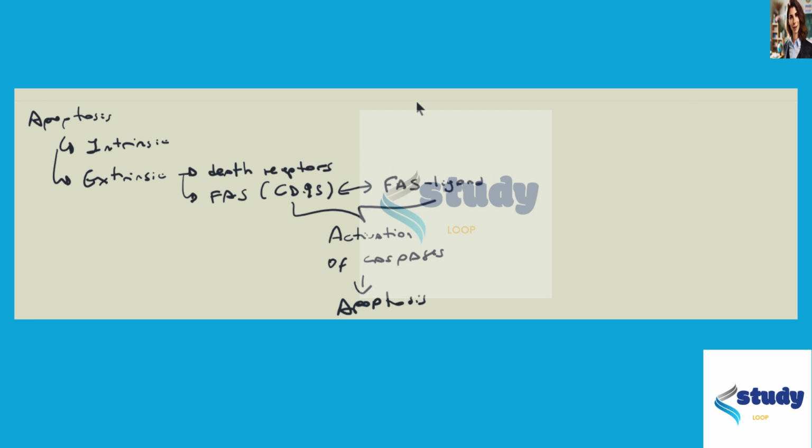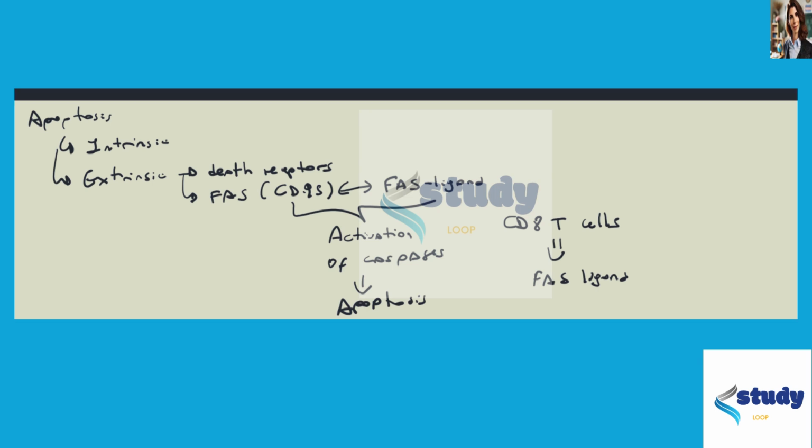For example, CD8 T cells produce FAS ligand. They are going to bind the cells that are expressing CD95, or FAS, and release many enzymes to activate the caspases and lead to apoptosis.